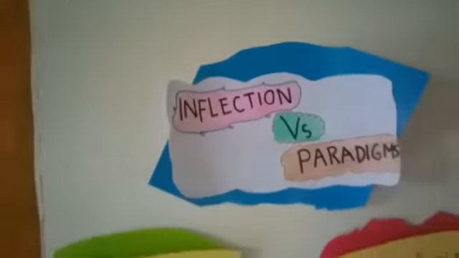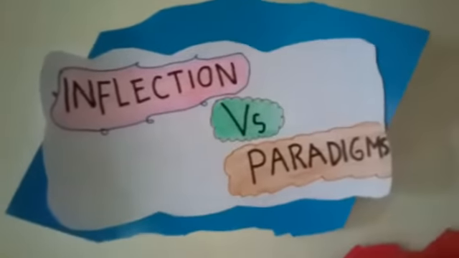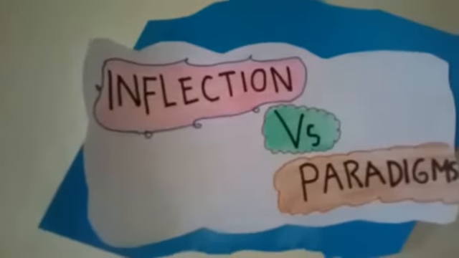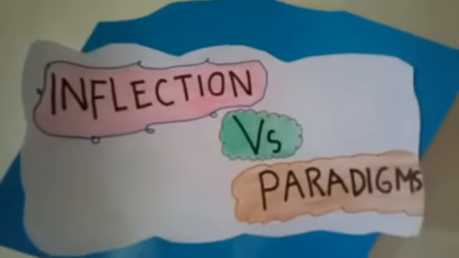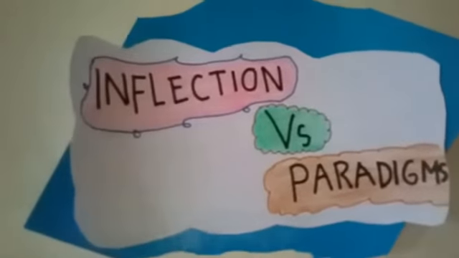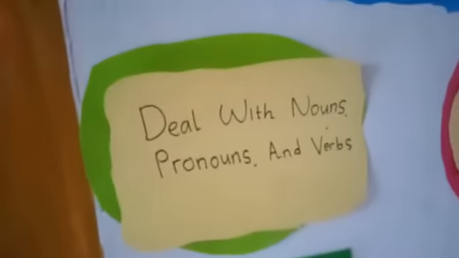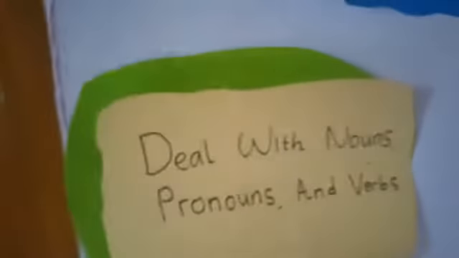I'm going to discuss chapter 7, that is about inflection versus paradigms. Before we start, what's the difference between both of them? Let's understand them one by one. What is called inflection? So inflection deals with noun, pronoun, and verb.